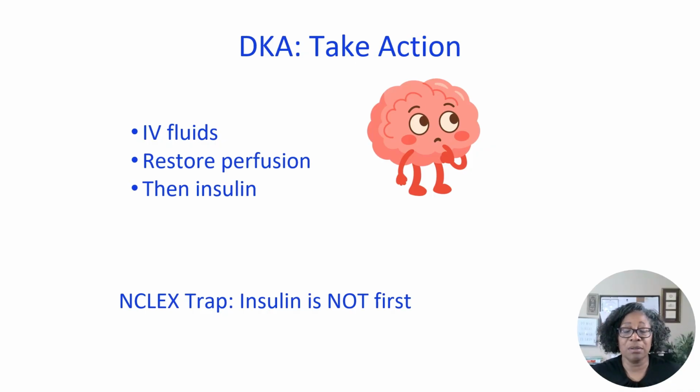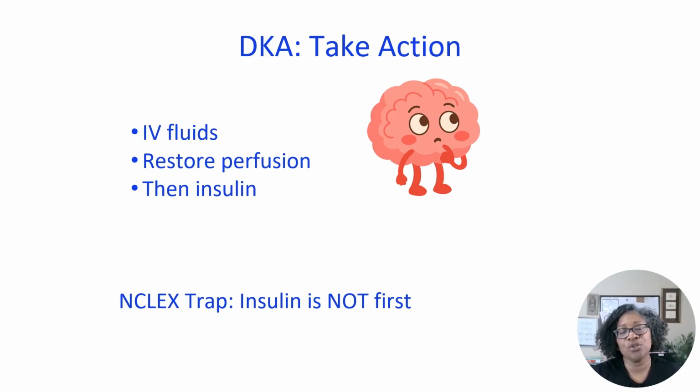And so the key question is, what do I do first? When you think about it, you go back and say, okay, this patient is having metabolic acidosis. They're breathing rapidly, they have dry mucous membranes, the acidosis is going to affect all parts of the body, but what should I do first?